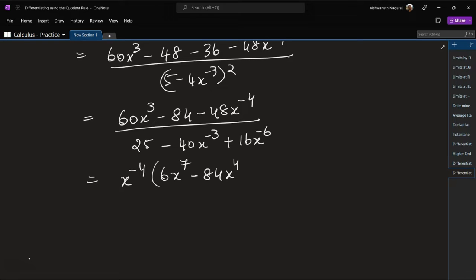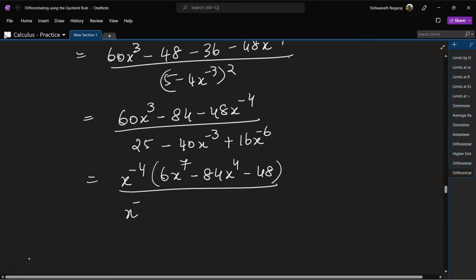So x to the power of 0 is 1. Okay, minus 48 as it is. Similarly, here x to the power of minus 6, we take it out. So we are left with 25 x to the power of 6 minus 40 x to the power of 3. So minus 6 plus 3 is minus 3 plus 16.